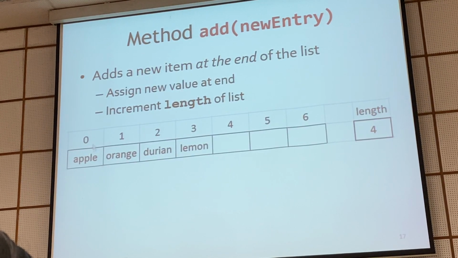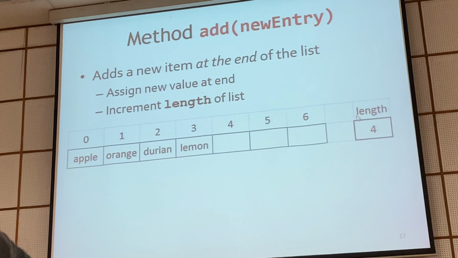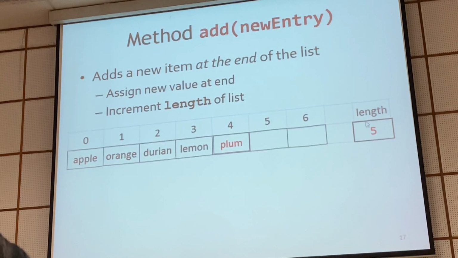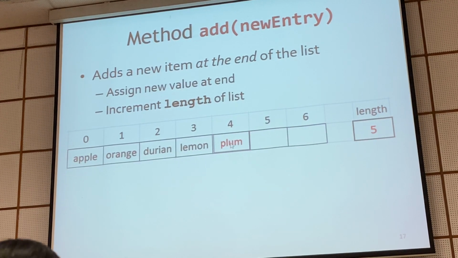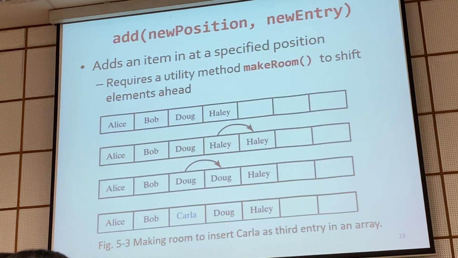You can see that we have 1, 2, 3, 4, so there are 4 elements here, length is 4. I'm going to add at the end, and as you can see, my length will increase, and the new element will be added into the list at the end. This is how we illustrate it.